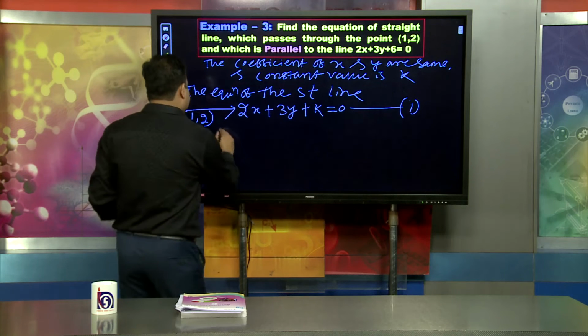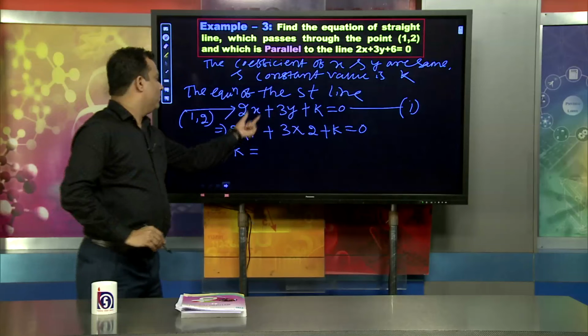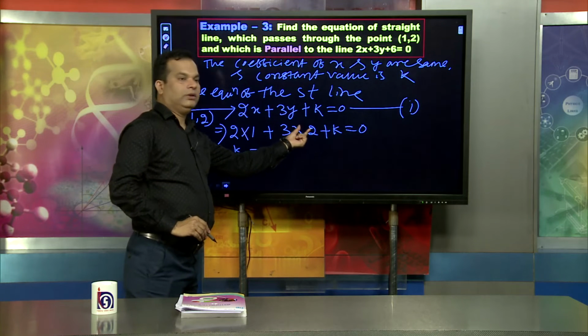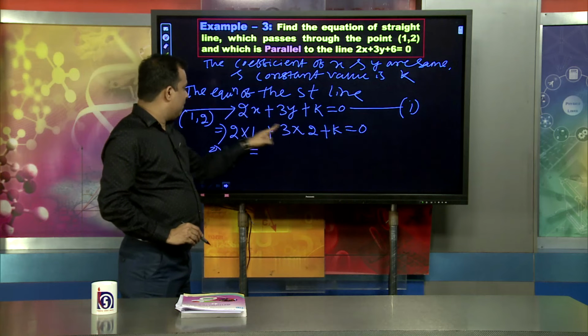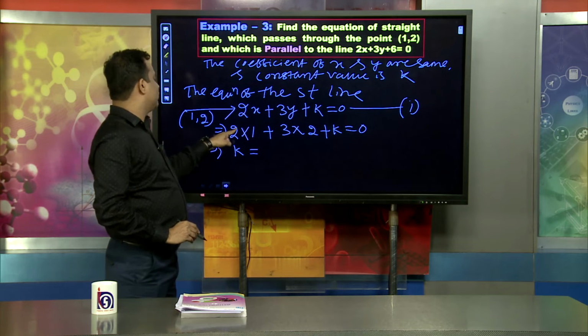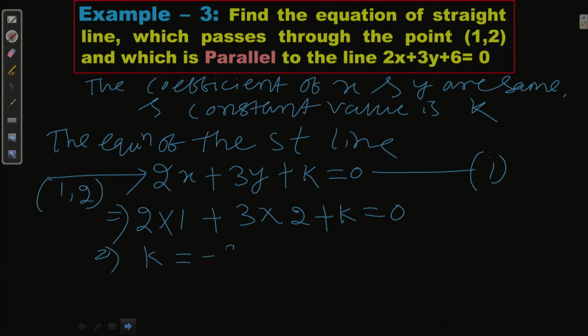So I can write 2 into 1 (in place of x, I write the value 1) plus 3 into 2 plus k equal to 0. So k equals minus (2 into 1 plus 3 into 2), that is 2 plus 6, 8. The value of k equals minus 8.